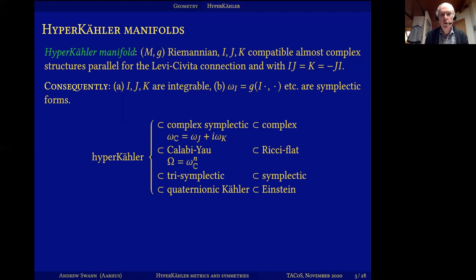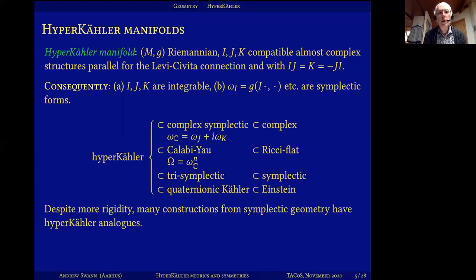I say with a pinch of salt because usually in the quaternionic Kähler case you exclude the Ricci flat situation, so as to exclude HyperKähler. But in principle, you can think of HyperKähler as a special case of quaternionic Kähler, where the scalar curvature is 0.